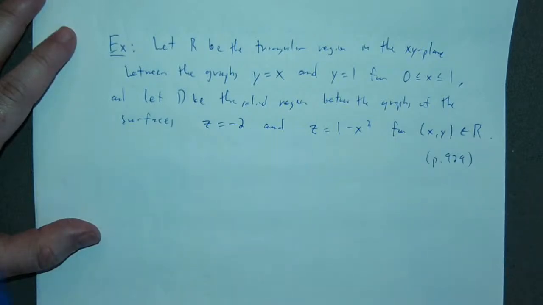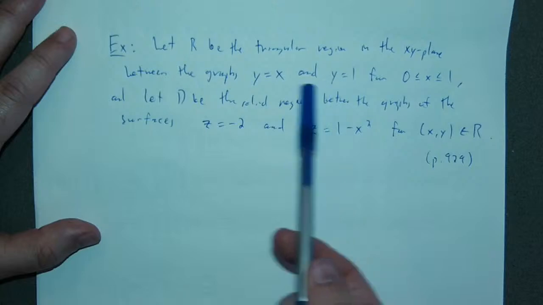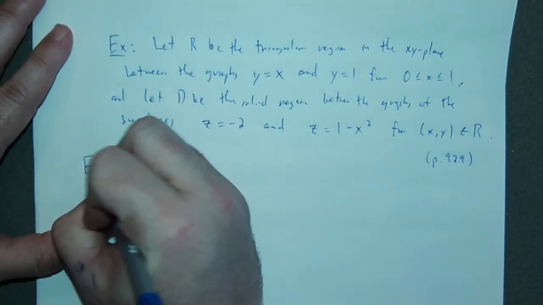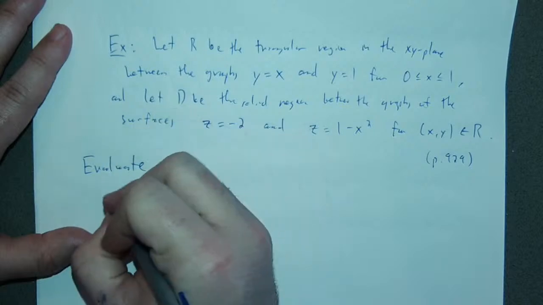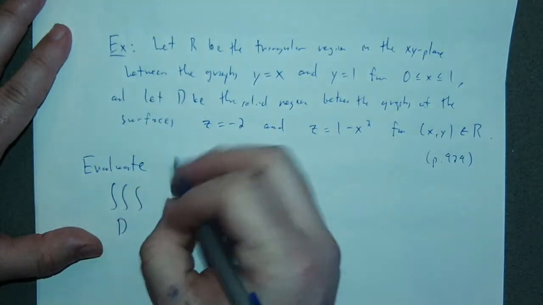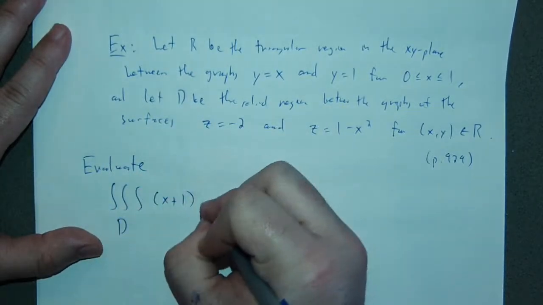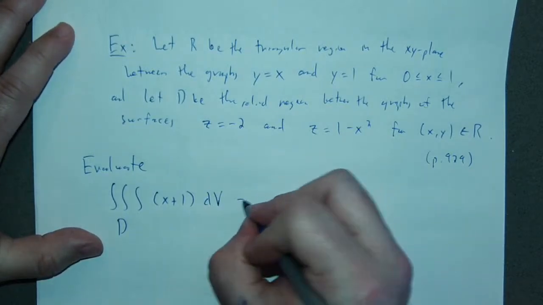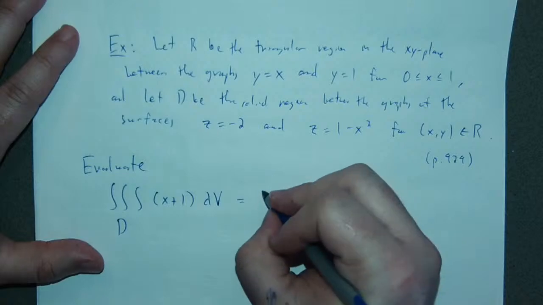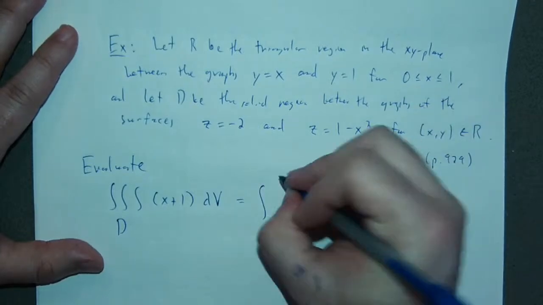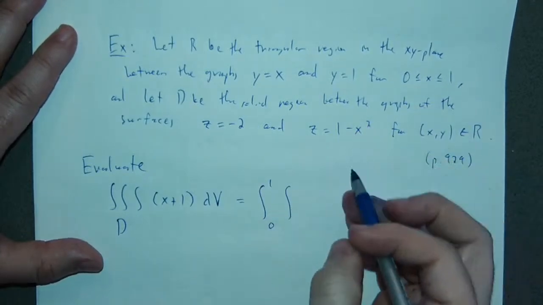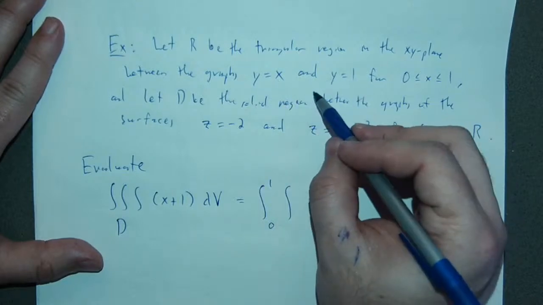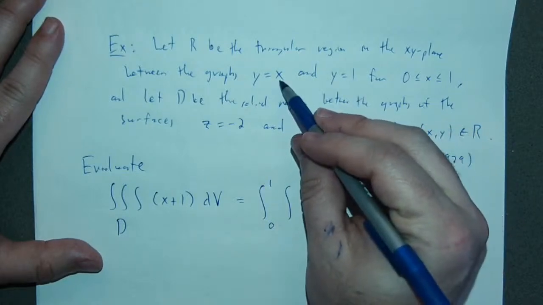So I've got my z bounds, my x bounds, and my y bounds. If I want to evaluate the triple integral over D of x plus 1 dV, how does that go? This would be the integral from 0 to 1. The integral from, well, y equals x and y equals 1. Which one is above which? Actually, y equals x is the lower one, right?